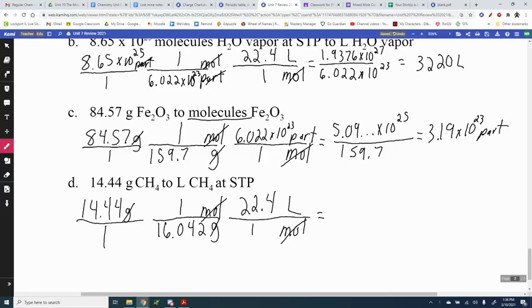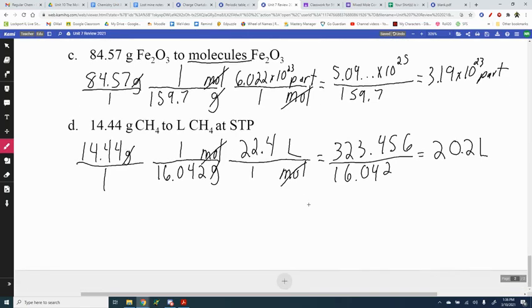So 14.44 times 22.4, we get 23.456 divided by 16.042. We divide those and we get 20.2 liters. And that is that.